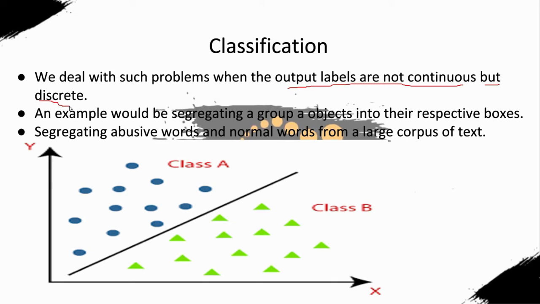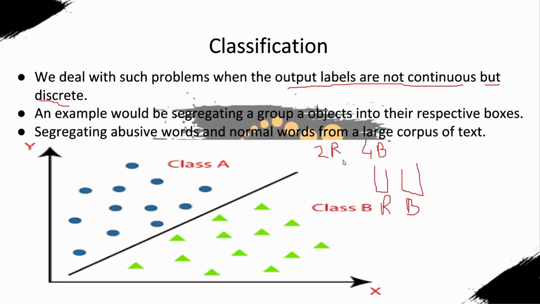For example, I've given you 2 red balls and 4 green balls. Now I want to segregate these balls into 2 different boxes, wherein the first box contains all the red balls and the second box contains all the blue balls.